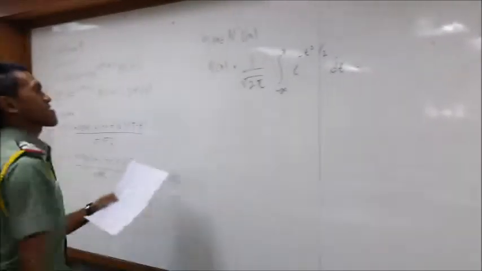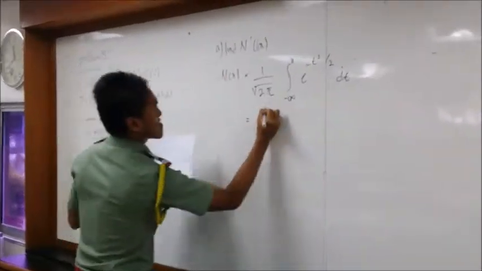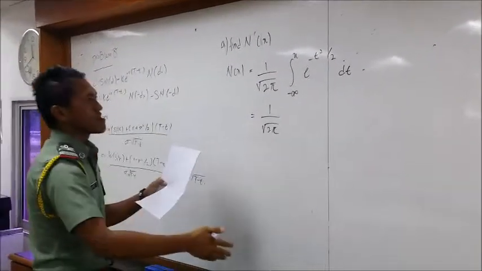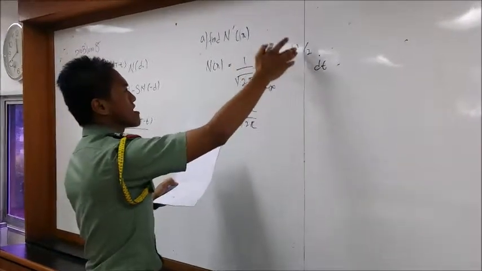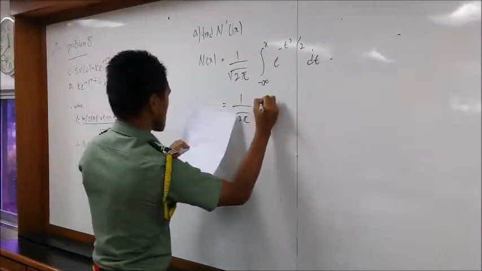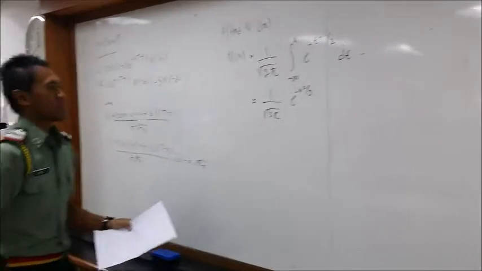So for N prime of x, we differentiate it. I know you all can do it. This is the constant, so let it be. Then for e to the minus t squared over 2, we substitute t with x because of differentiating with respect to the upper limit, so it becomes e to the minus x squared over 2.